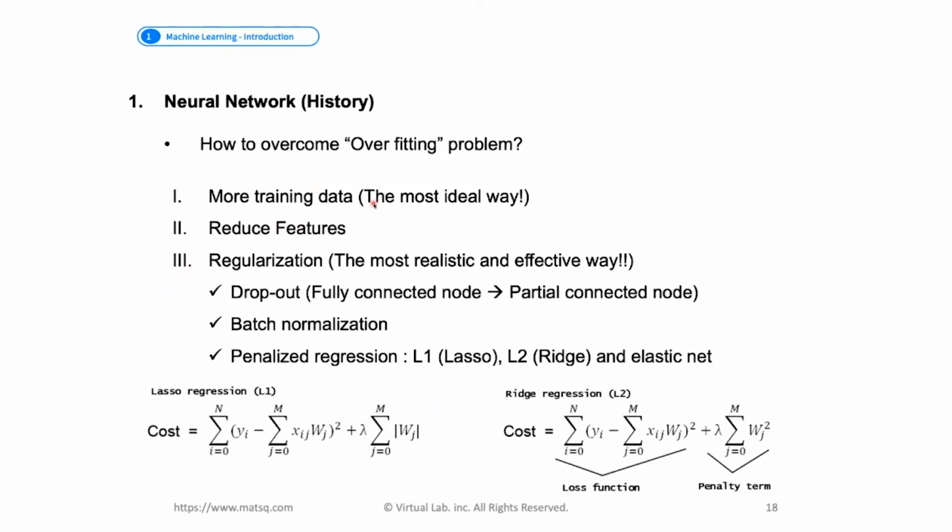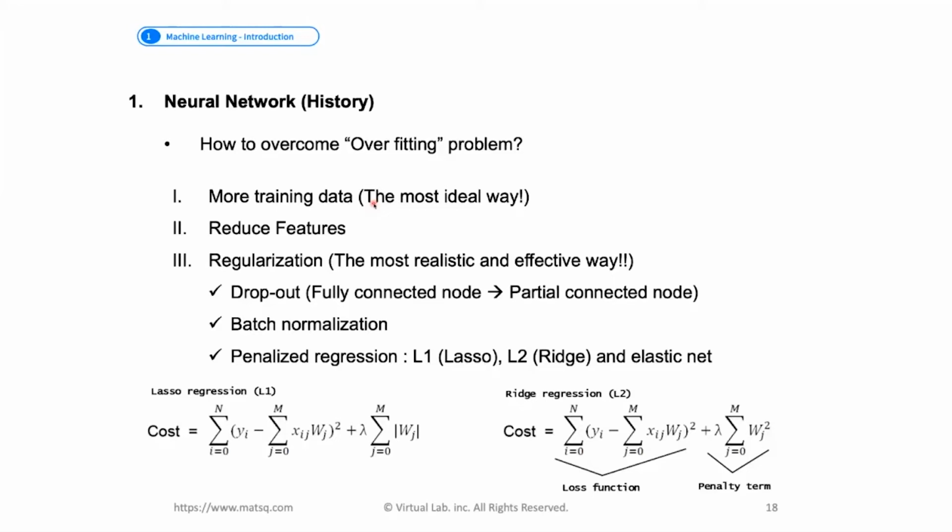There are so many ways. Basically, the most ideal way is more training data. But in most cases, it is very difficult to get more data, whether experimental or from calculation. So many people try reducing features or regularization methods.